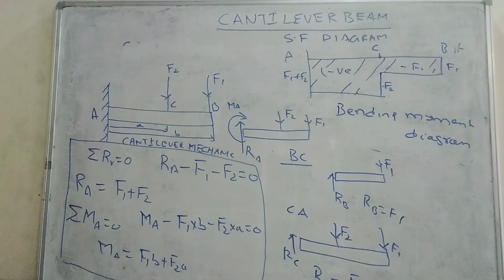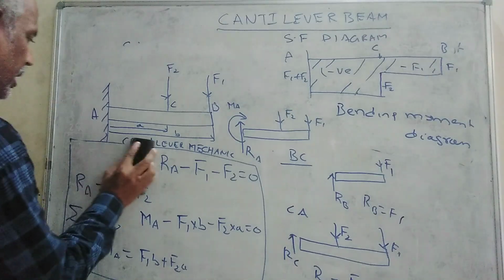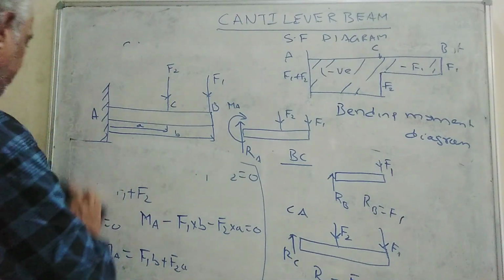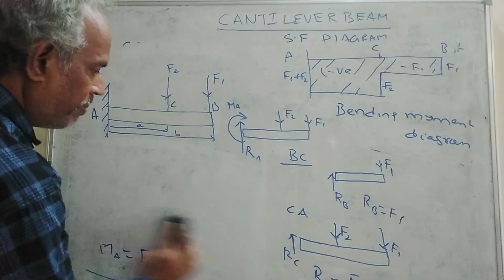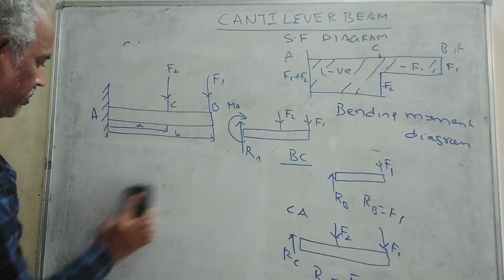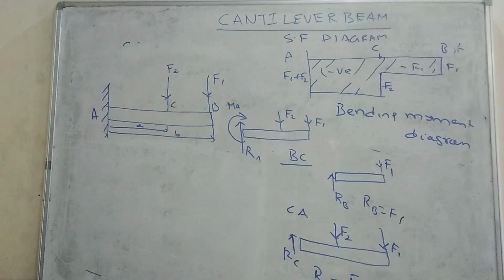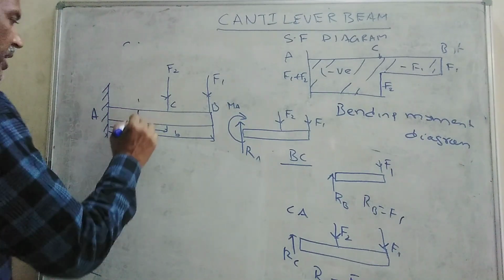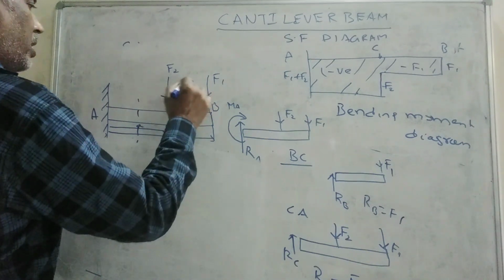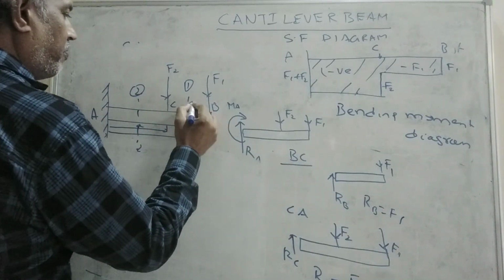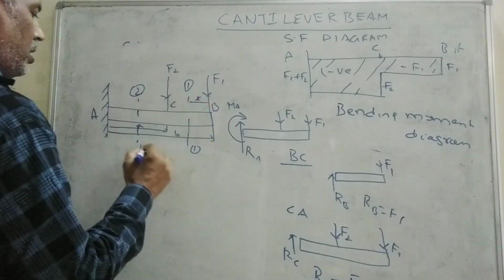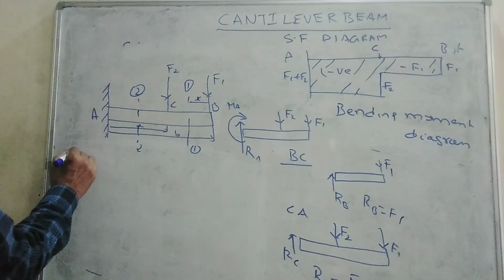For the bending moment diagram, I'm clearing this mechanics part of the cantilever, and we'll draw the bending moment diagram in this area. Now, consider two sections. This is 1-1, and this is 2-2. And the distance from 1 is x.